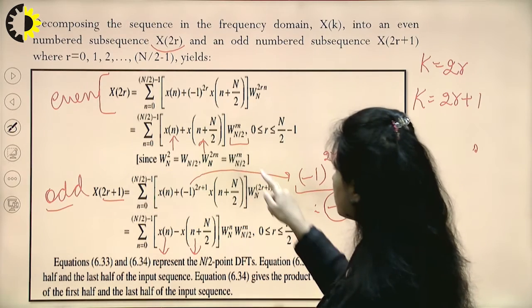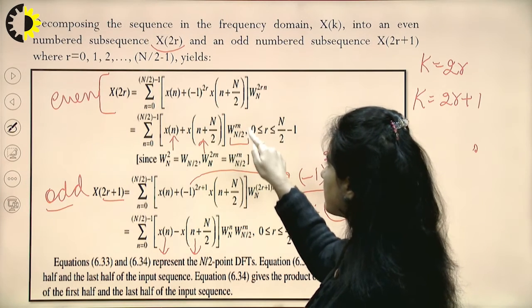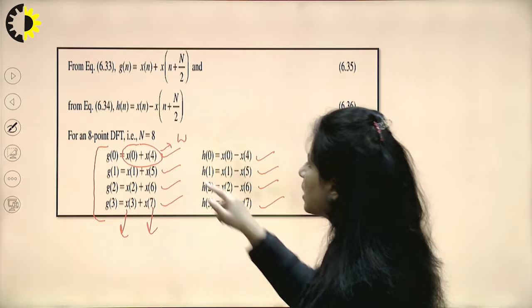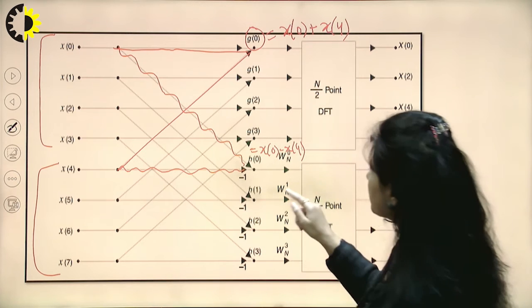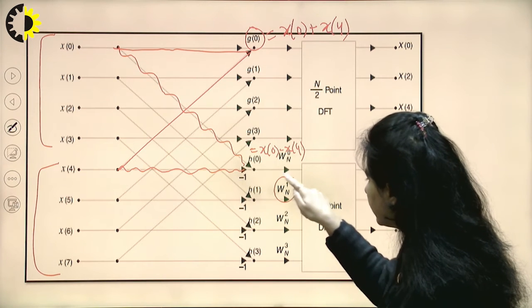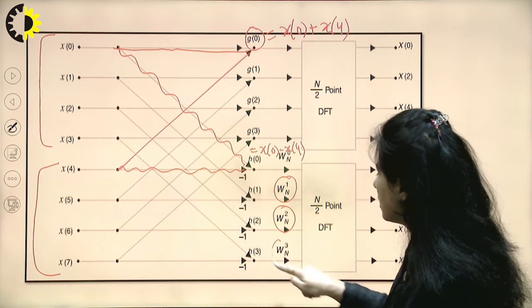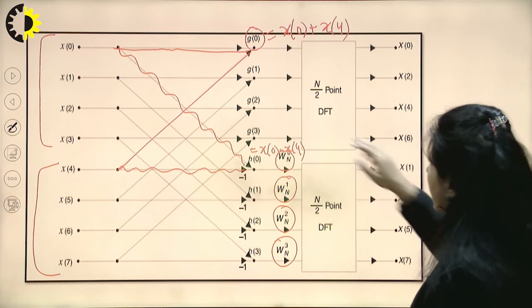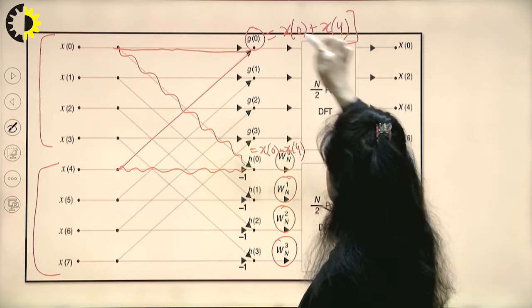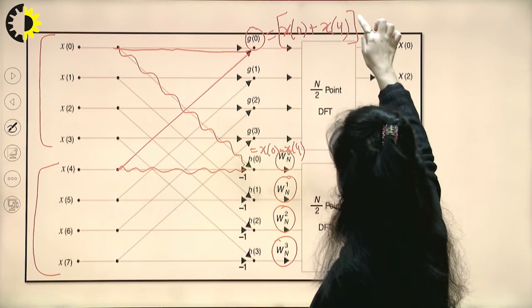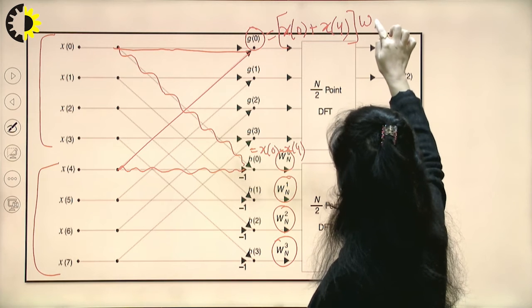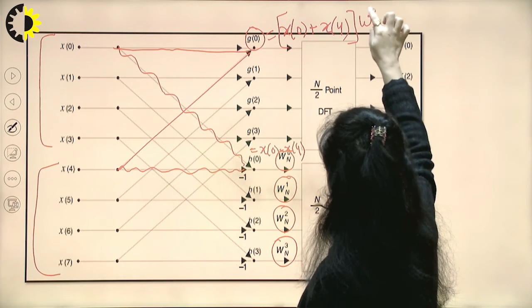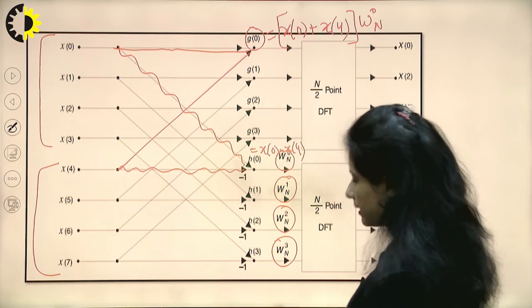That weight here is represented as W_N^(n/2), so these are nothing but simple weights W0, W1, W2 and W3. So I would add up these samples first and then multiply with the respective weight, W0, 1, 2 and 3.